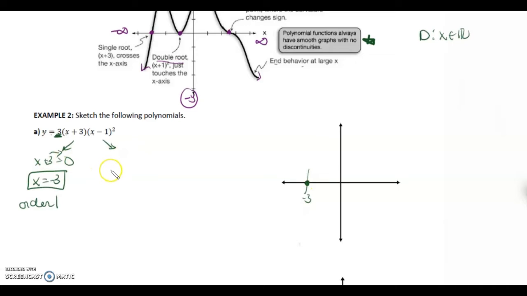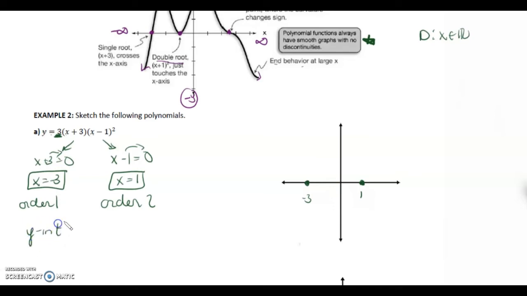I don't want to draw this too quickly because I don't know if it goes up or if it goes down, so I don't want to lean those. And then we want to solve, when does x minus 1 equal 0? Well, of course, bring that over, when x equals 1. And this is going to be order 2. So let's go ahead to 1 and we'll plot our x-intercept there as well.